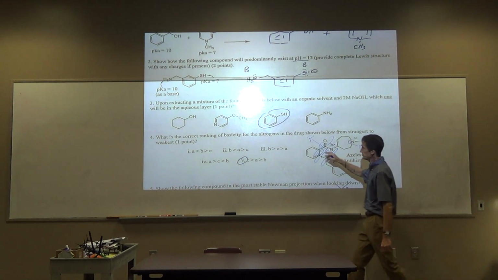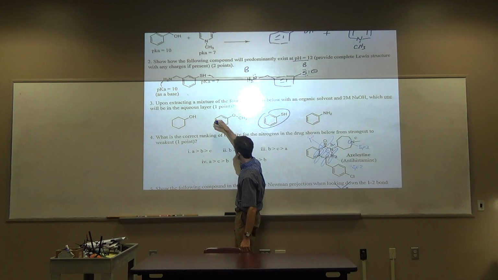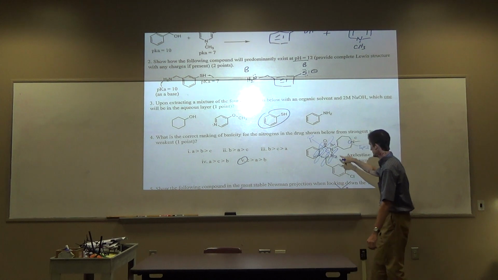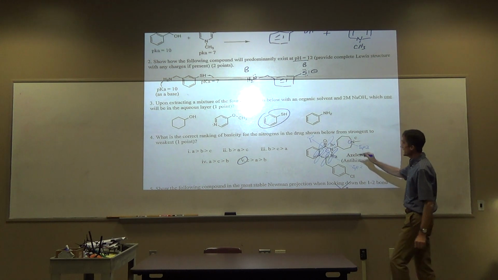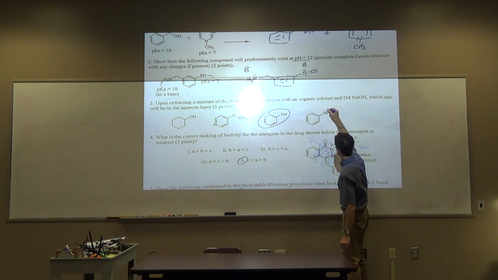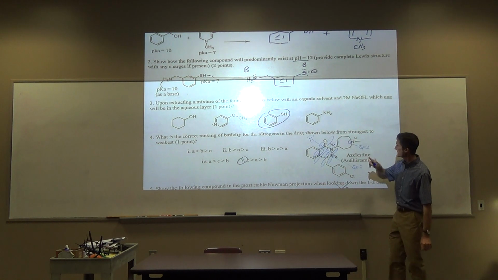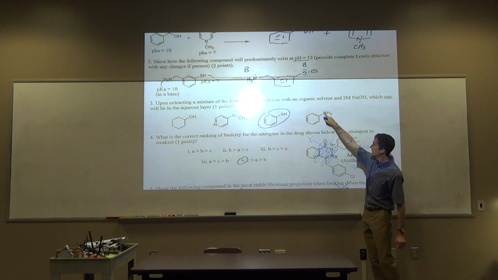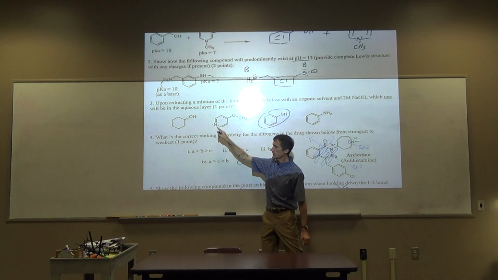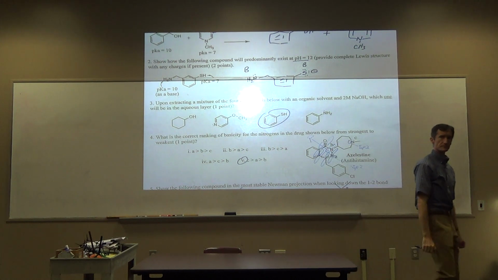This nitrogen is just like this nitrogen. These two nitrogens are identical. But this nitrogen's different. So this nitrogen is more like the B nitrogen. That lone pair is in a p orbital. That lone pair is in sp2.